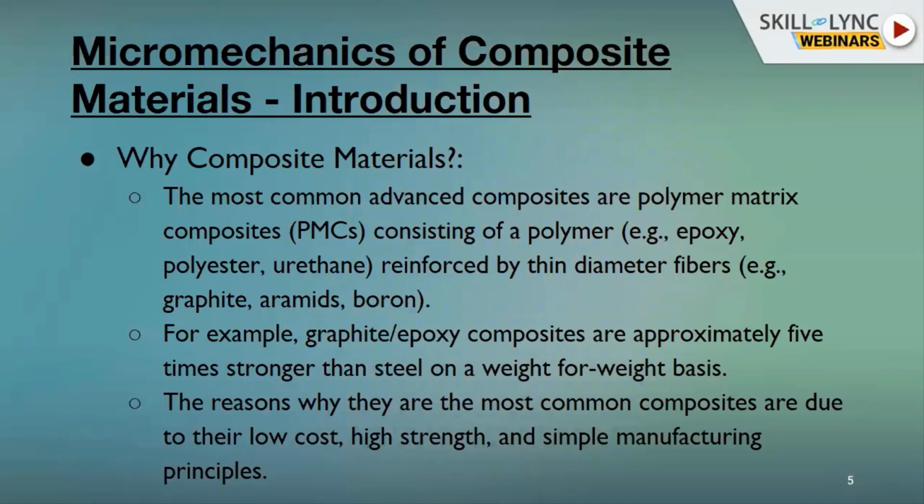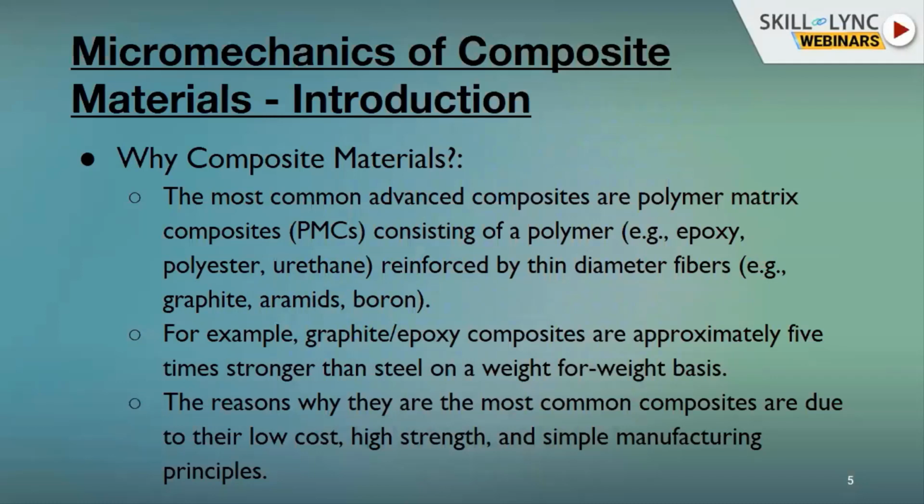One of the main reasons for using composite material is their low cost of production with high specific strength, and comparatively easy and simple manufacturing principles.